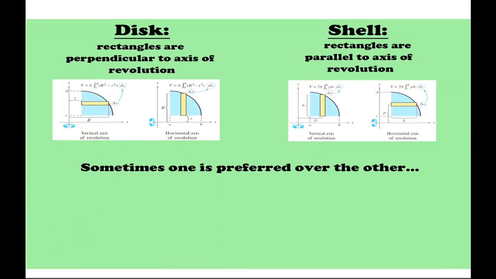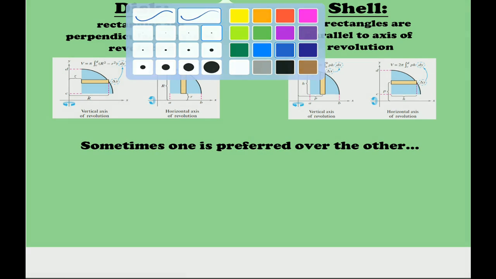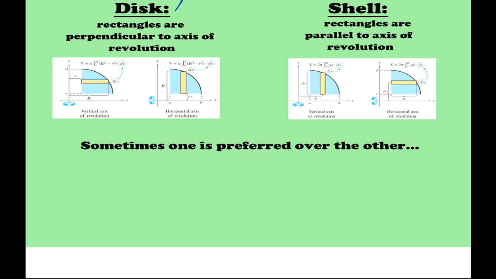All right, so let's walk through one more time the difference between disk method and shell method. We've done disk method in the past, or you can also call this washer method if there's a hole in your little disks. And we use disk method and washer method when our rectangles are what? Perpendicular to our axis of revolution, right?